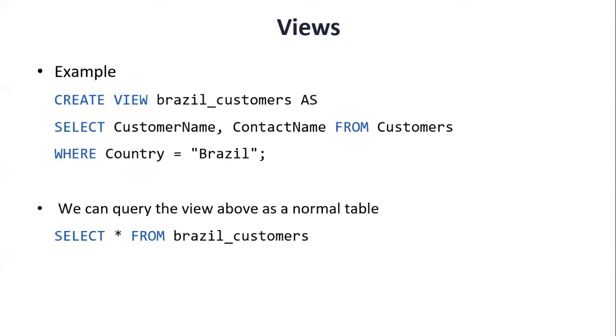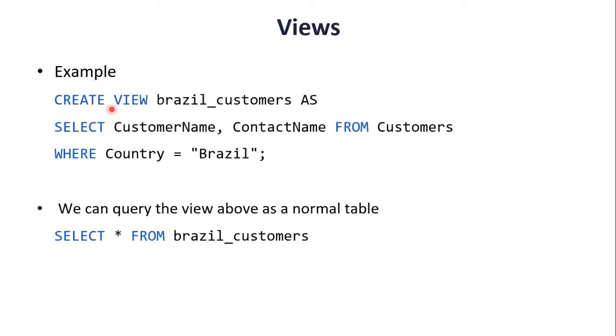So let's see an example to clarify this. Here we have written a create view statement, and let's assume there is a table called customers, and it has a column country to indicate each customer's country.